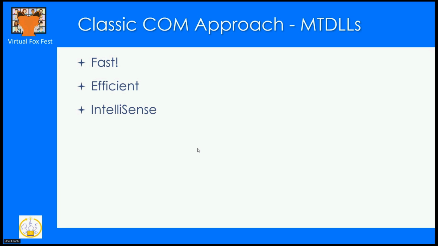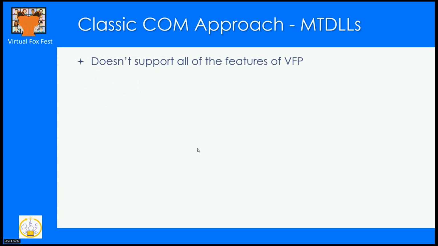But unfortunately, our app did not fit into this mold. And it quickly became apparent this approach just wasn't going to work for us. And there are a number of reasons for that. First of all, these multi-threaded DLLs don't support all the features of VFP. One of the big missing features is that the report engine is not there.